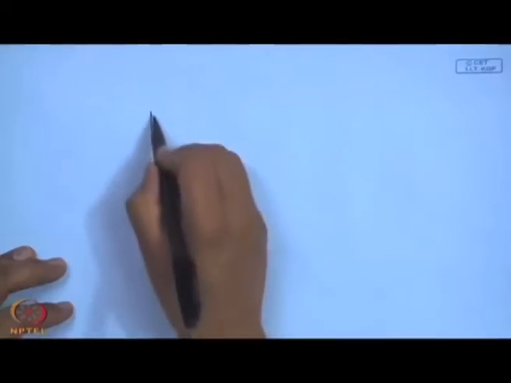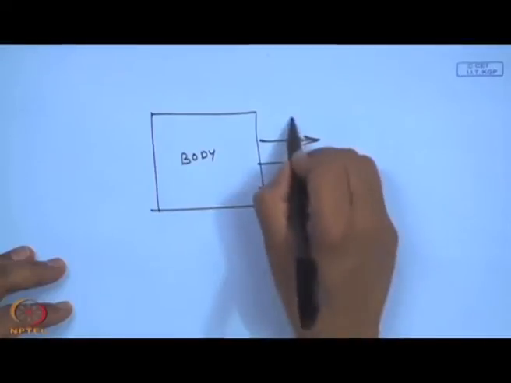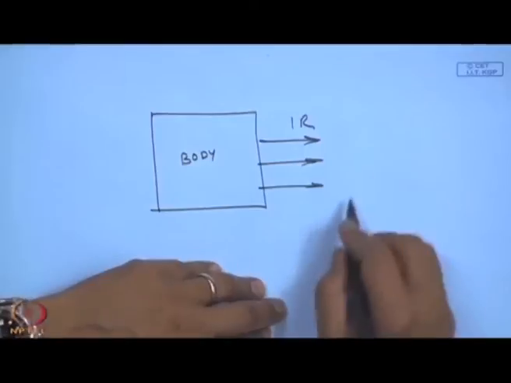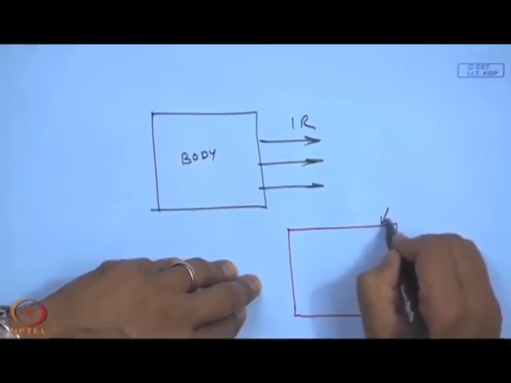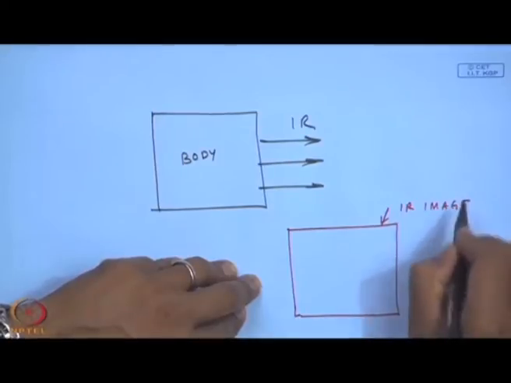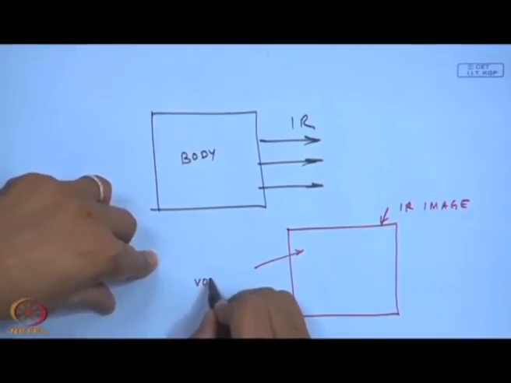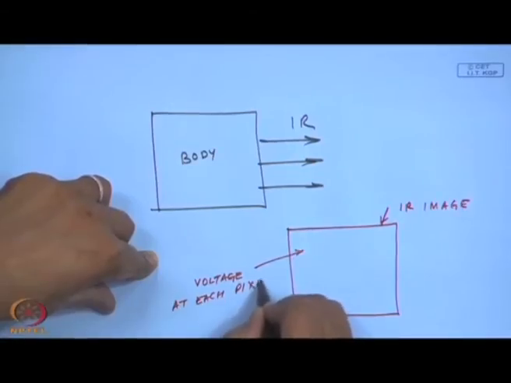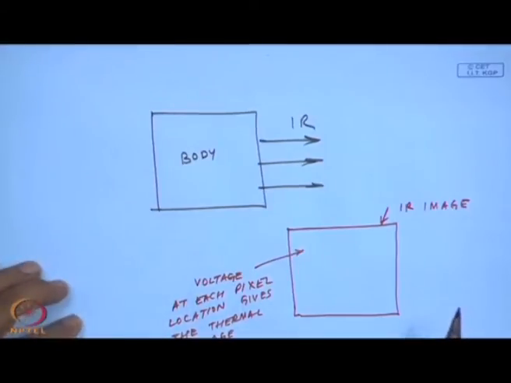So, if I have a body which is giving out IR waves, I can have a camera system, and this is an IR image on the camera, where depending on the temperature, the voltage at each pixel location gives the thermal image. Okay, that is something we have to keep in mind.